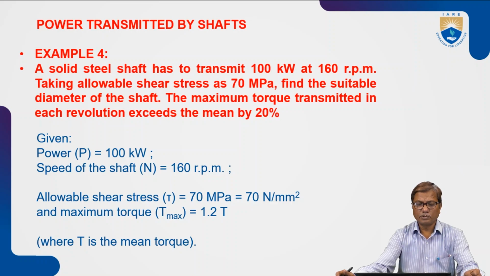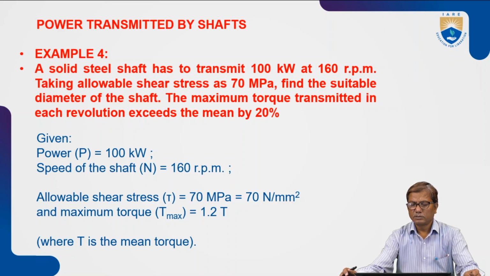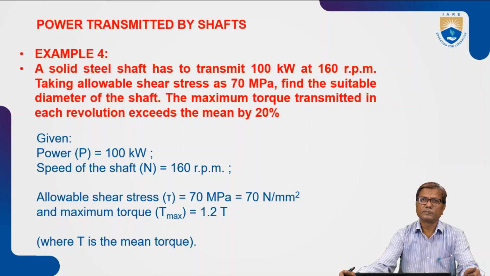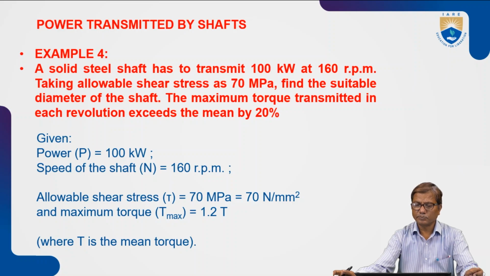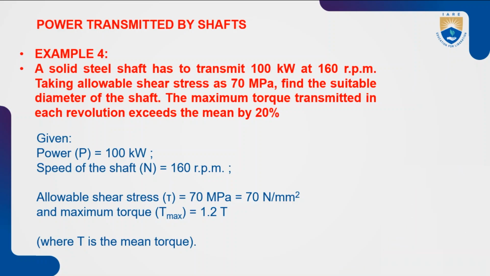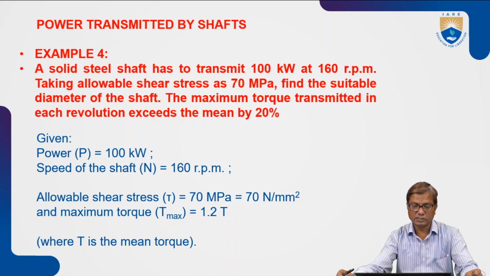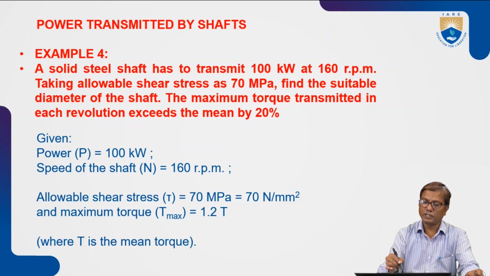Find the suitable diameter of the shaft. The maximum torque transmitted in each revolution exceeds the mean by 20%. So the maximum torque exceeds the mean by 20%.